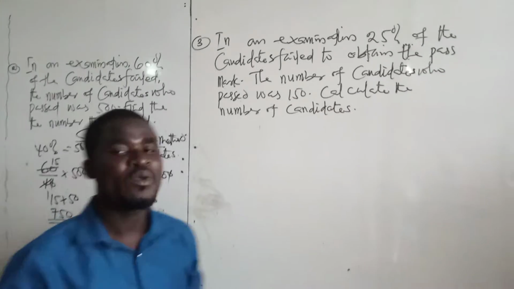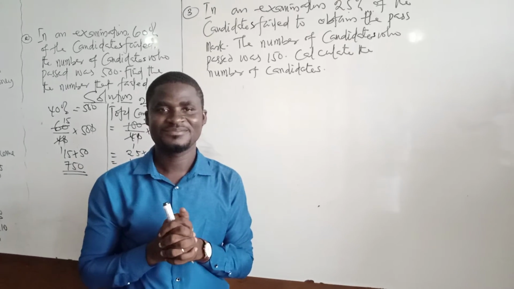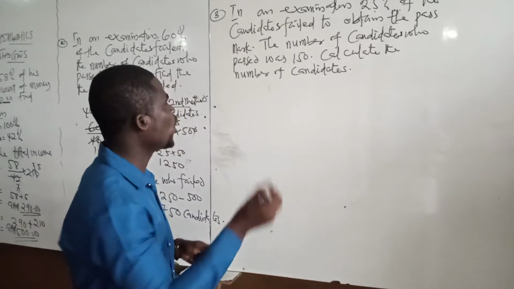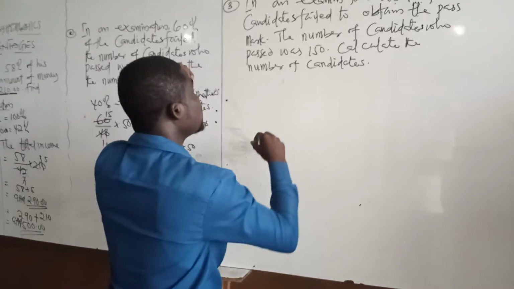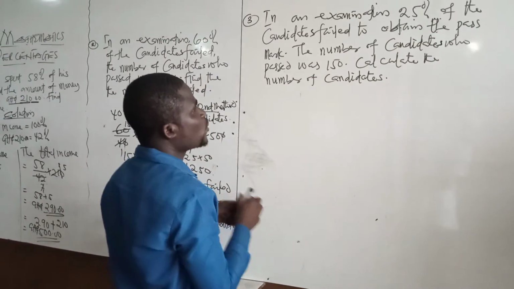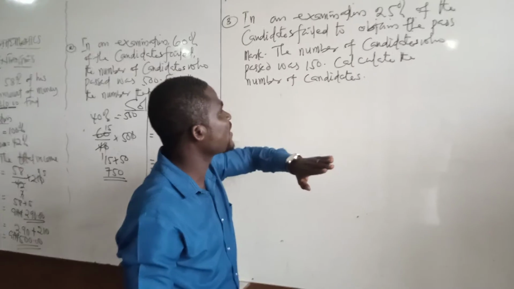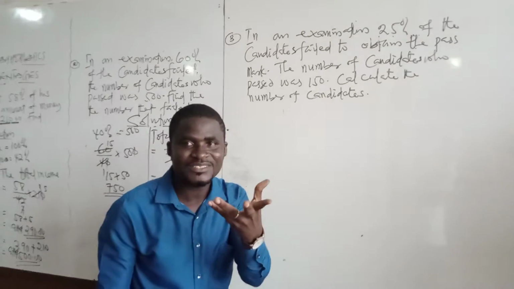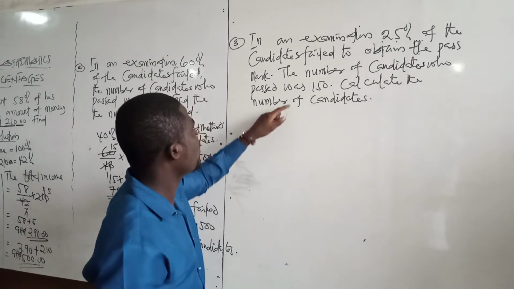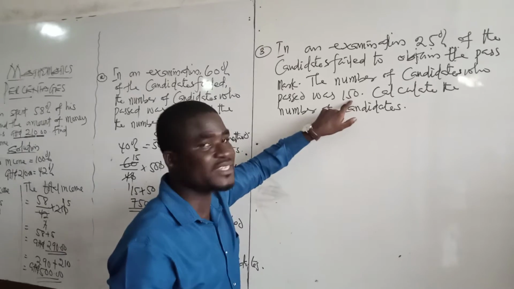So here we are looking for the total number of candidates who wrote the examination. Good. So we are saying that 25% failed to what? Obtain the pass mark. So if 25% failed to obtain the pass mark, how many students passed? So they give us students who passed, that's 150.